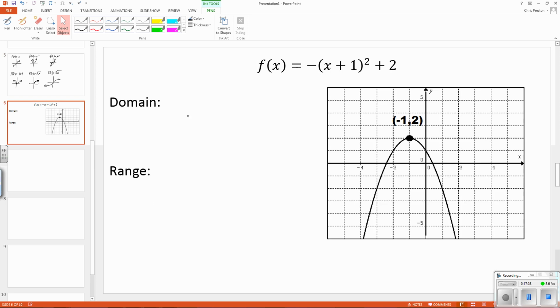All right. And then the last thing we're going to talk about in this video is domain and range. How can you determine what the x values are? Remember, domain is the x values for a function. How can you determine that from the graph, and how can you determine the y values, the range? When you're looking at this, you kind of have to split this up into two pictures.